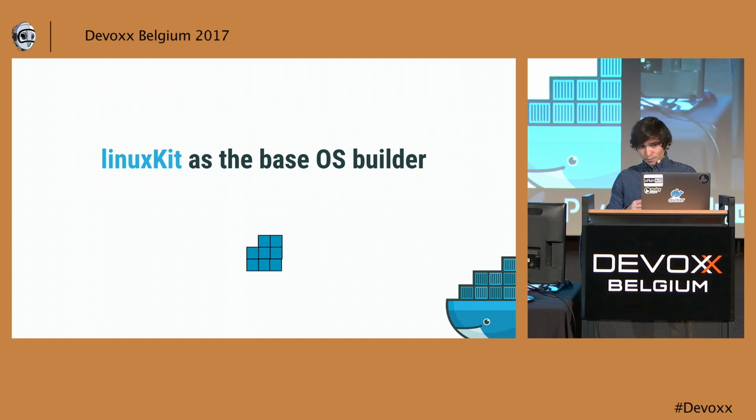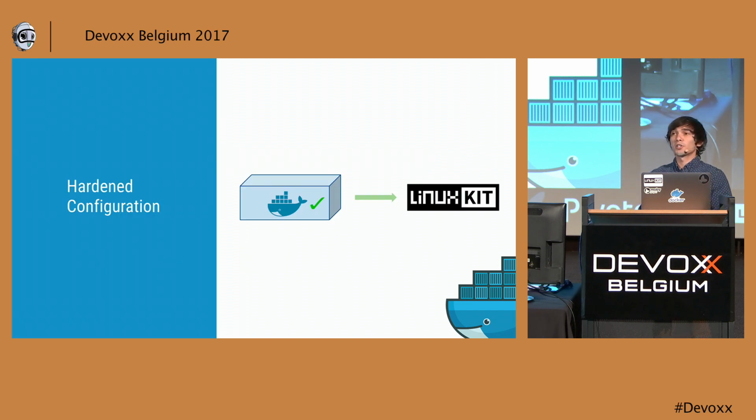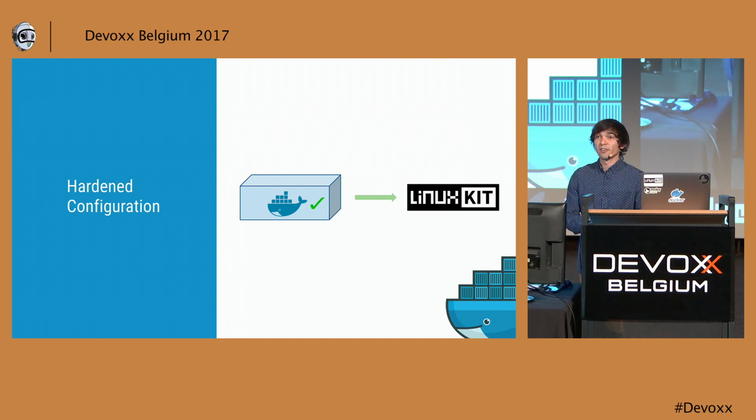In addition, I want to talk a little bit about LinuxKit and Docker and how they work together. So I mentioned earlier that we use LinuxKit to build the OS for Docker for Mac, Docker for Windows. And I alluded to this earlier, but with LinuxKit, you really get a hardened configuration for Docker. So Docker itself actually runs in a containerd and RunC container with Docker for Mac and Docker for Windows.